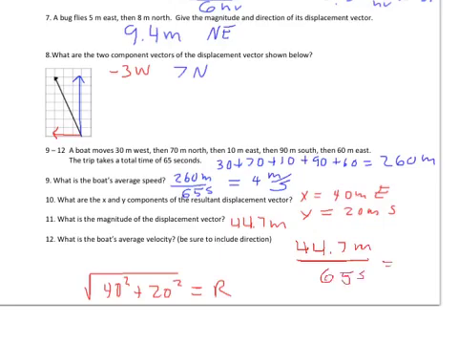And let's see what that equals. Divided by 65. Its velocity is 0.688 meters per second to the southeast.